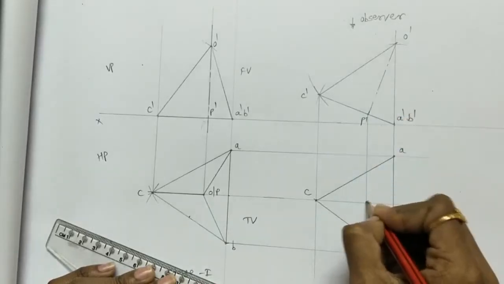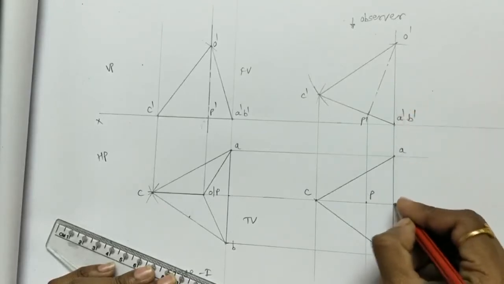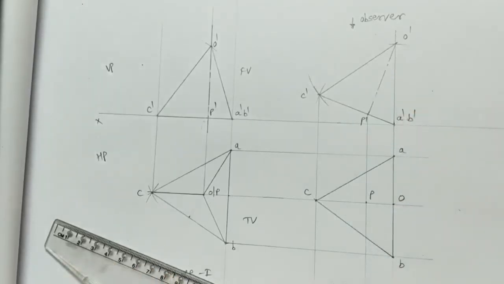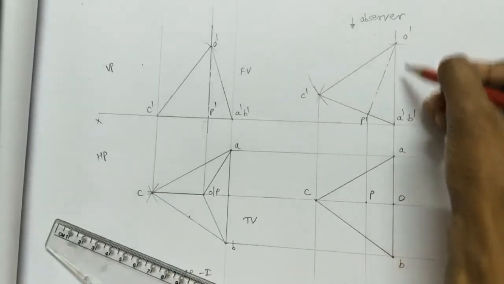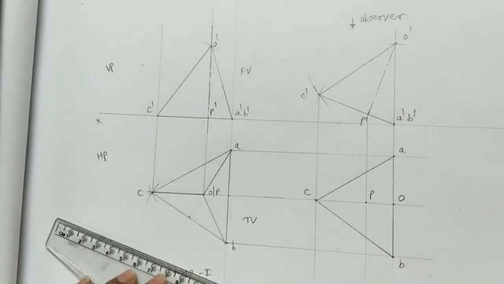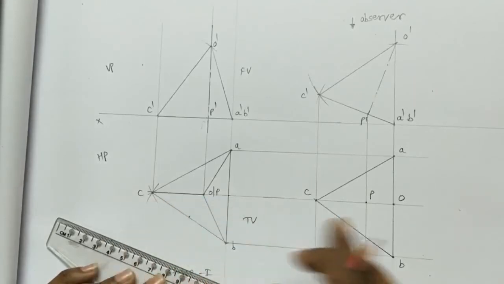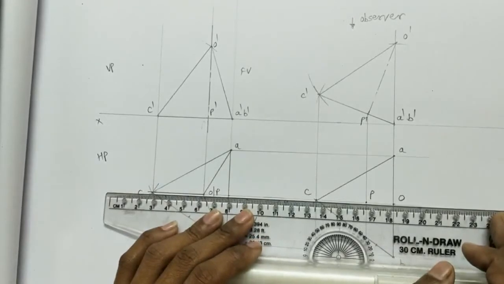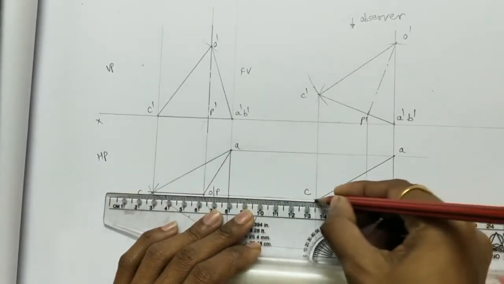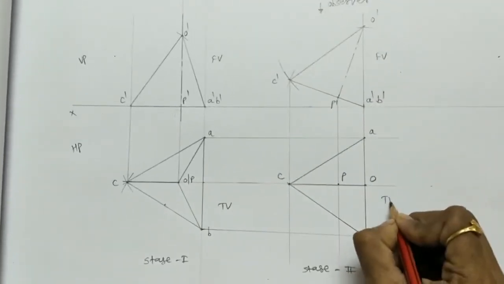So this is point P and this is point O, the projection of O and the projection of P. And here COP has to be joined, so join COP, like this. So this is the front view in stage 2 and this is the top view in stage 2.